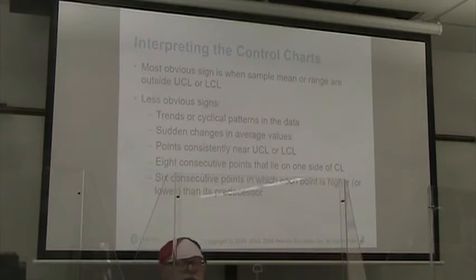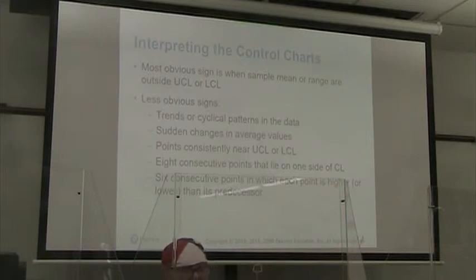We can also look for these other signs, trends or cyclic patterns in the data. In other words, it's trending too close to one or another of the control limits.